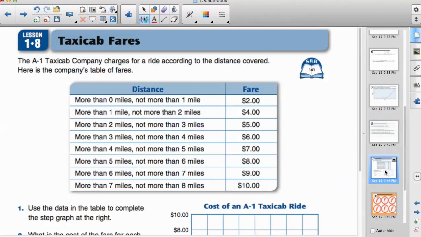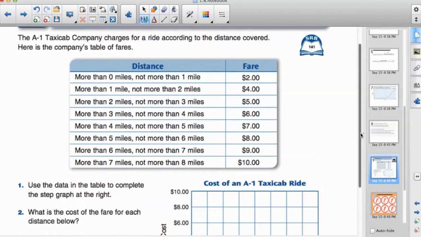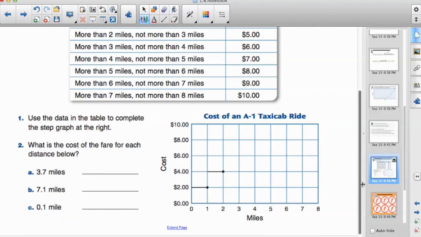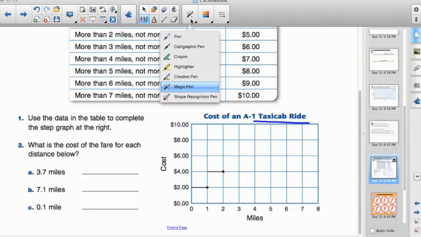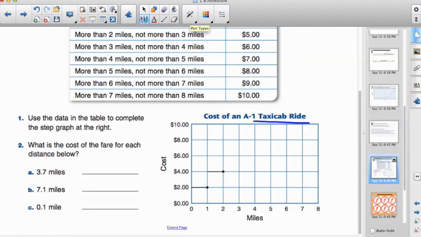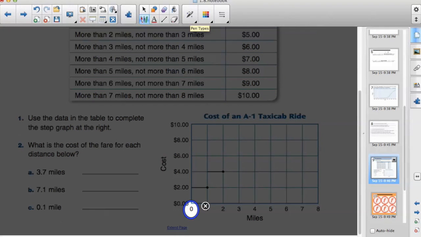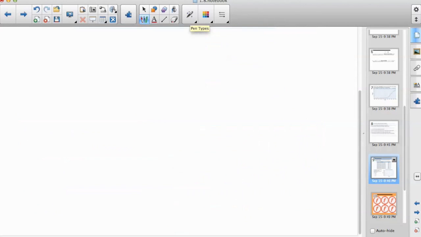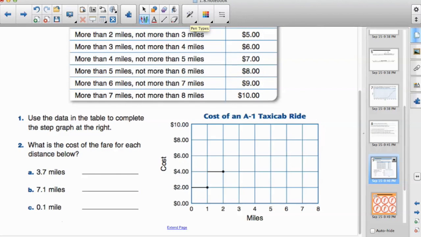Another great opportunity to practice our step graph skills will be looking at a taxi cab ride service. You'll notice below that the second that you get inside of a taxi cab, the second that you travel 1 foot, it's going to cost you $2. And it's going to cost you $2 until you get to 1 mile.